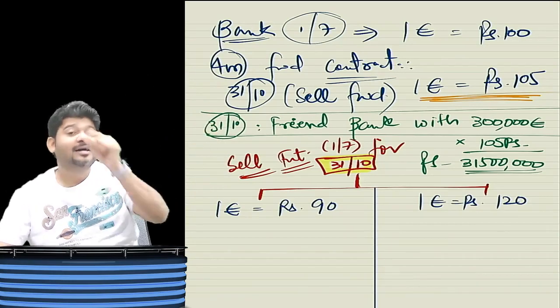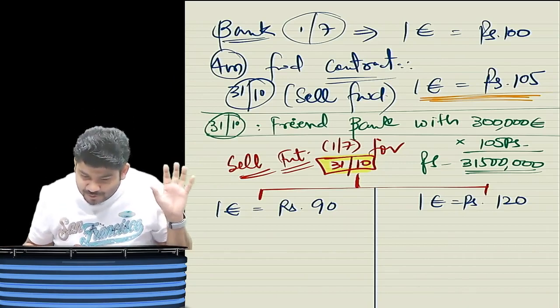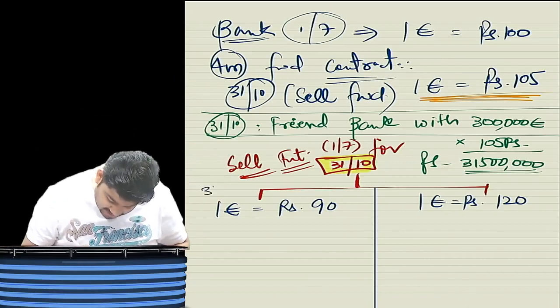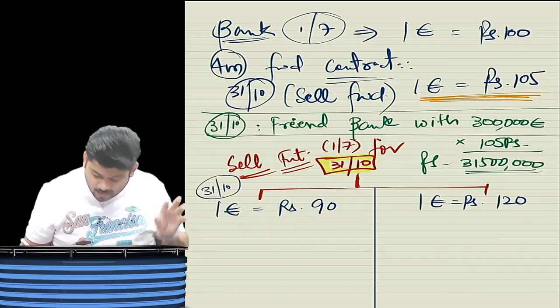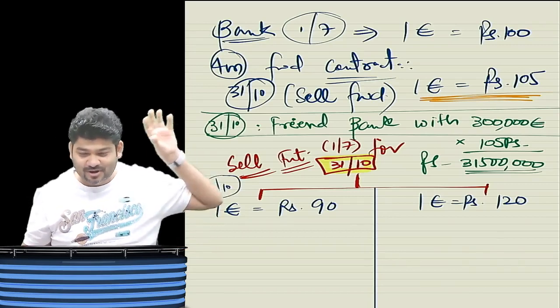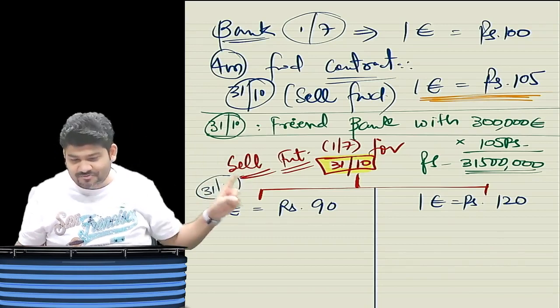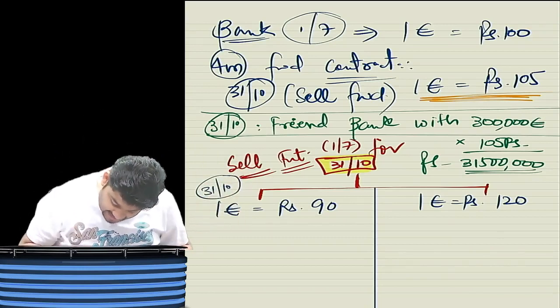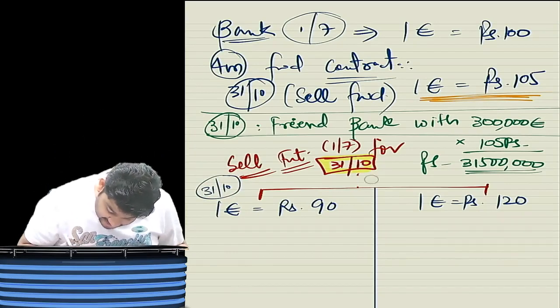What will happen is the net settlement. Tell me, if euros on 31st of October have become 1 euro is equal to rupees 90, is it good news for you or not if you had entered into a sell futures transaction at rupees 105?